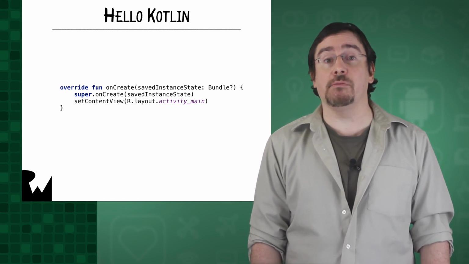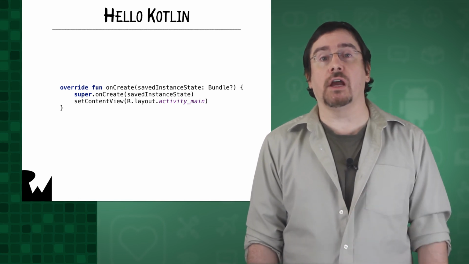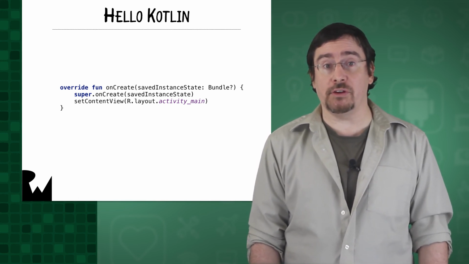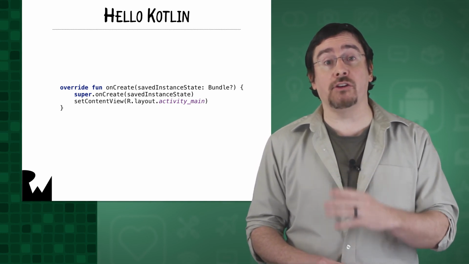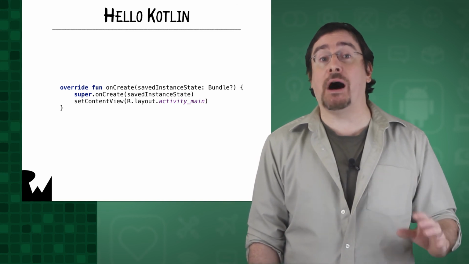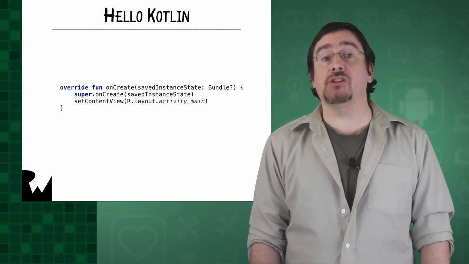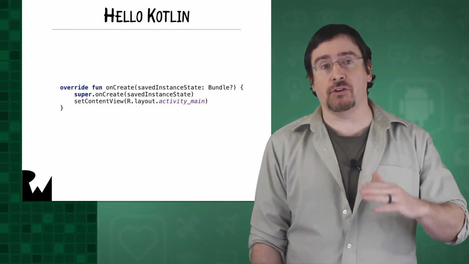You can tell it's a method because the line says fun, short for function, and the name is followed by parentheses. The area inside the curly braces is where you add your code that performs the functionality. This is also known as the body of the method. Each line of code you add to the body is executed one after the other.